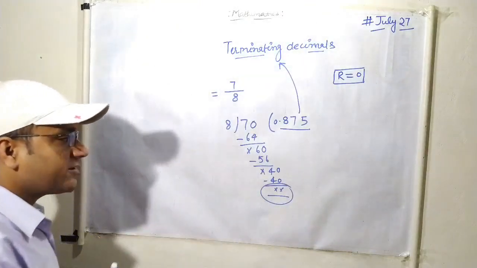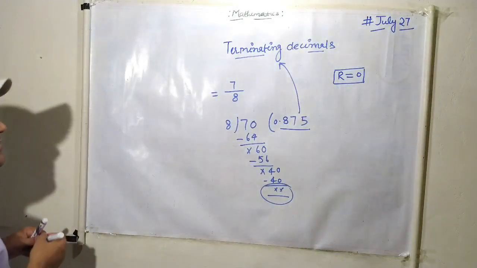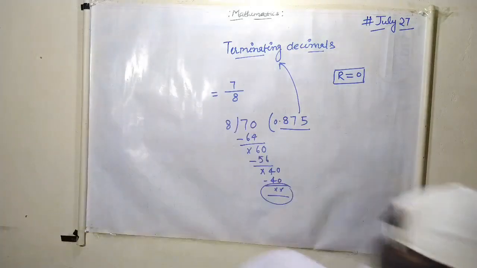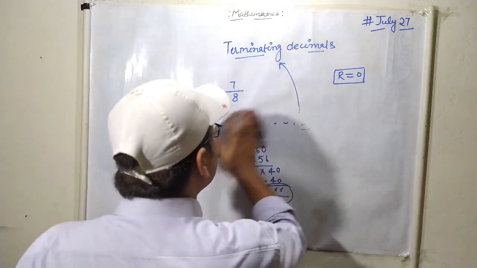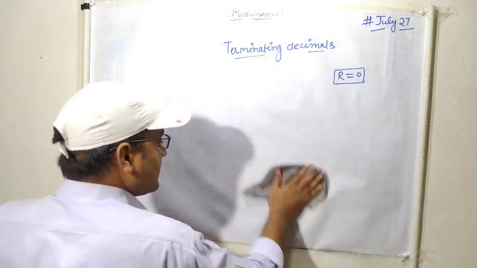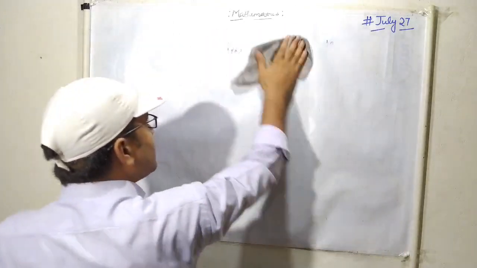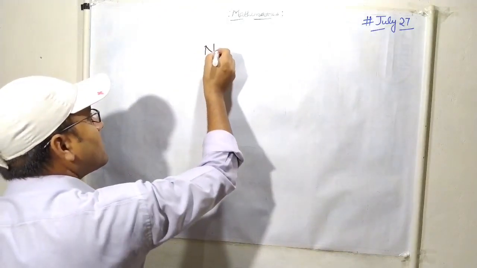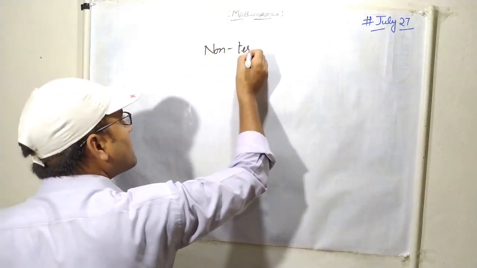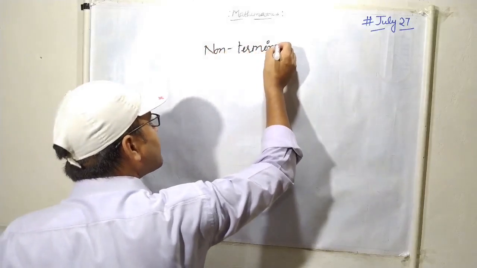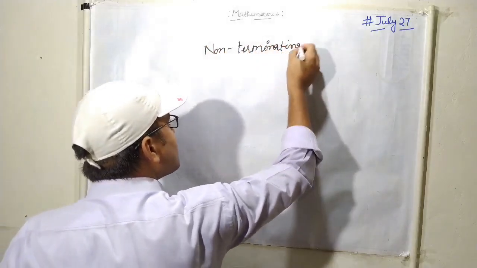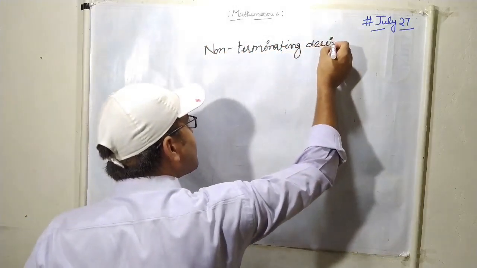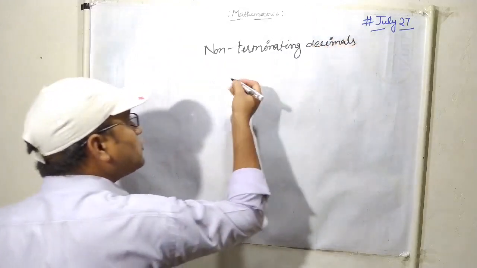The second one is non-terminating decimal. Non-terminating decimals are of two types.